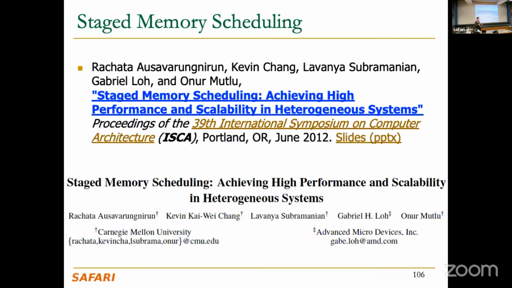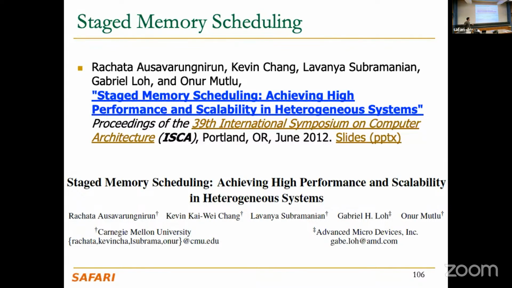So you have tons of requests coming from the GPU, but only a few requests coming from the CPUs. With the memory request buffers that we have today, maybe the size of 64 requests, you cannot look far enough into the future to understand the locality or memory access patterns of the CPU requests, because your request buffer is dominated by requests from the GPU.